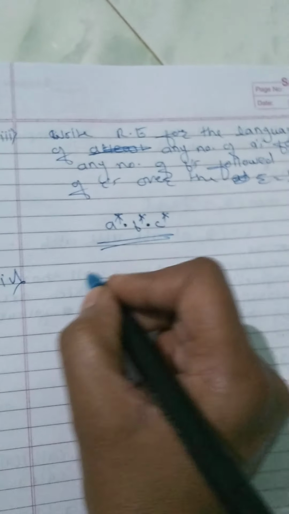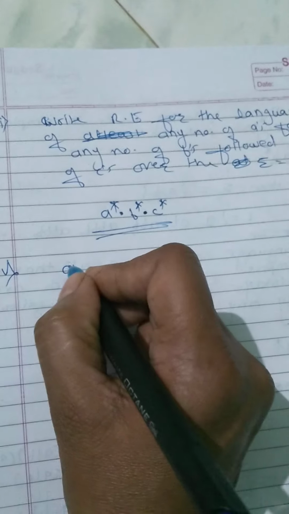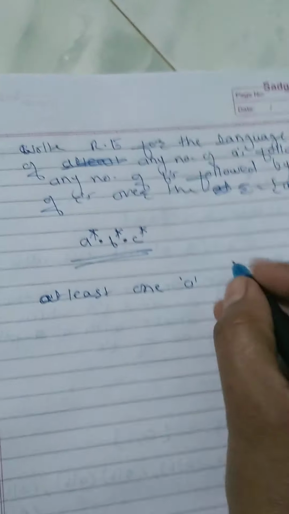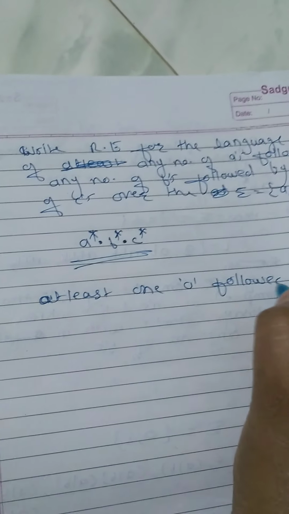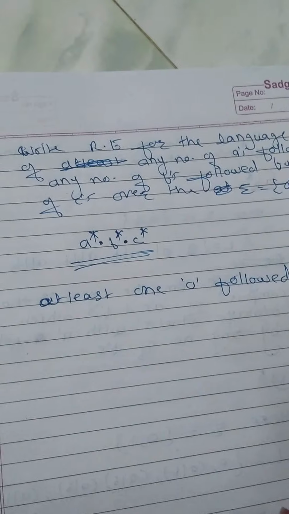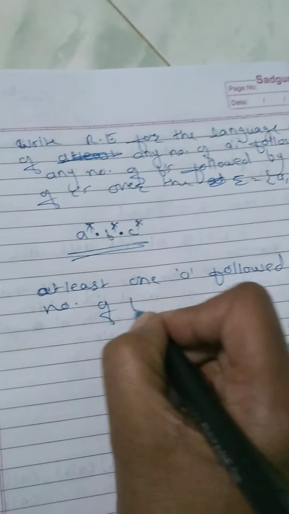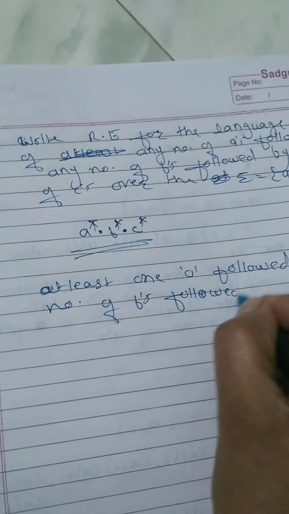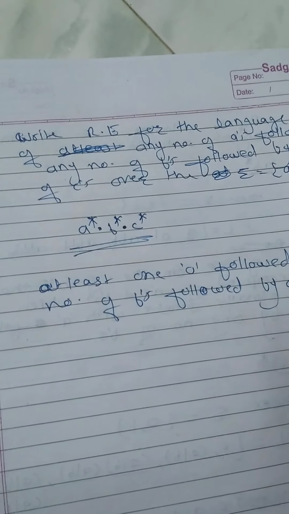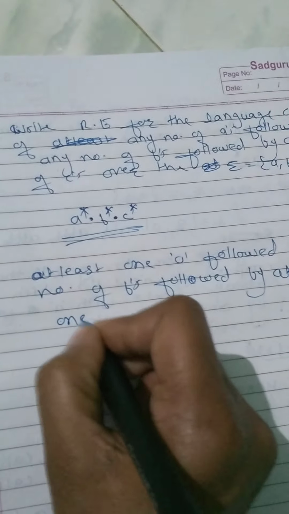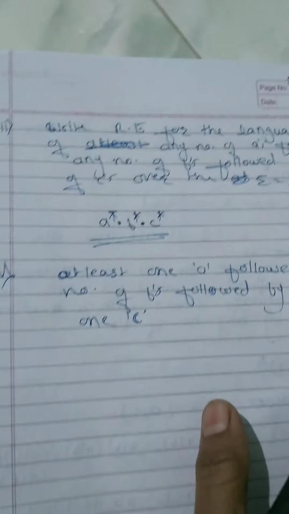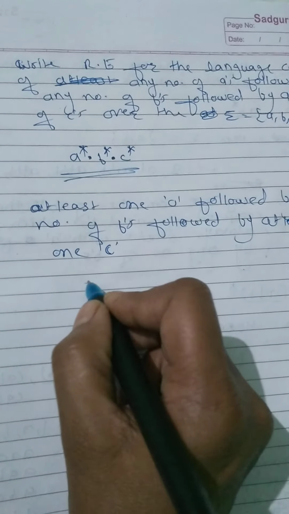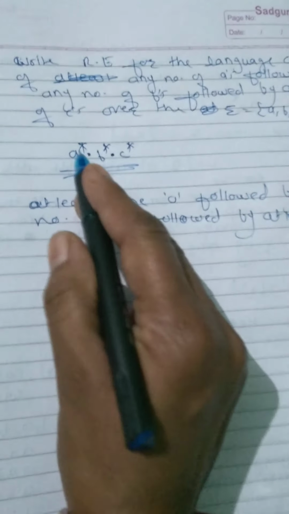Let's see one more. At least one A followed by any number of B's followed by at least one C. For this one, at least one A means you have to use the positive closure instead of star.